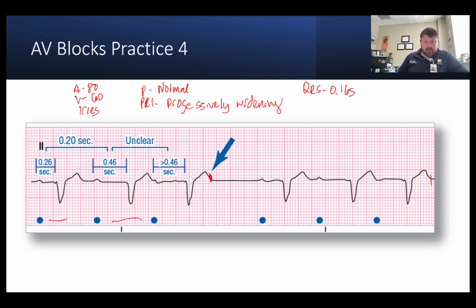So what do I have? I have a second degree type 1. In this ECG, we see grouping, which would be clearer if we had a longer strip. The PR intervals progressively lengthen until there is a pause or a drop in the beat.